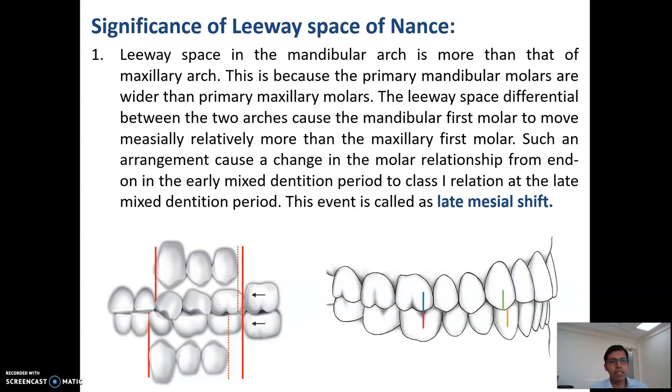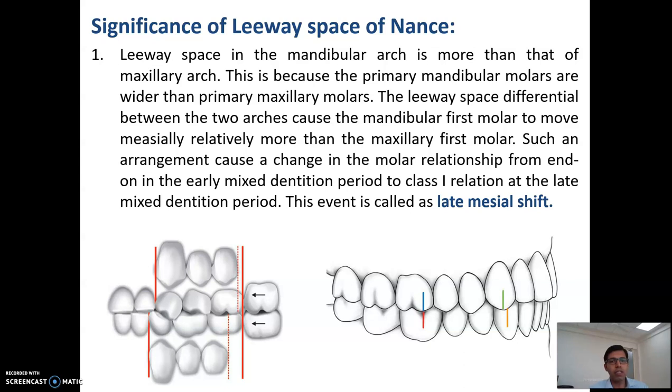Coming to its significance, leeway space in the mandibular arch is more than that of the maxillary arch. This is because the primary mandibular molars are wider than the primary maxillary molars. The leeway space difference between the two arches causes the mandibular first molar to move mesially relatively more than the maxillary first molar.